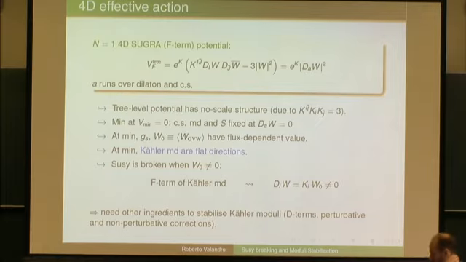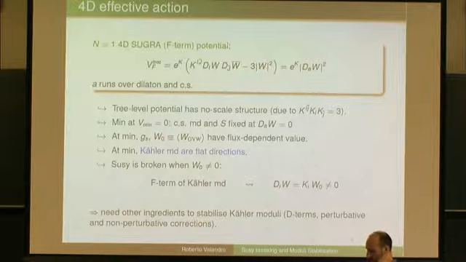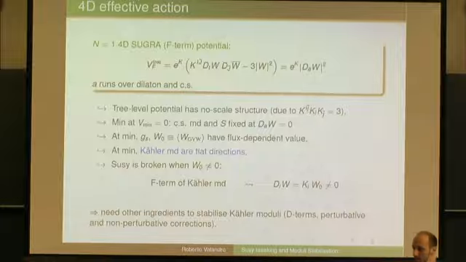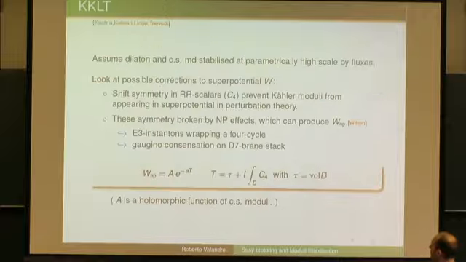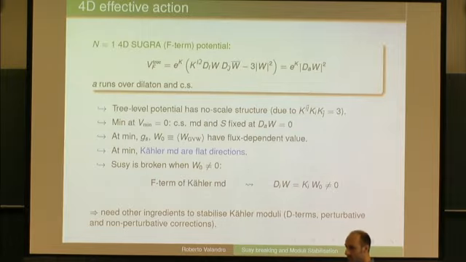Now we still have some flat directions, so we need to introduce new ingredients to stabilize them. And okay, let's go to, yes? What you say is that it is generic, the question. Well, at this level, yes, if W0 is different from 0, yes.